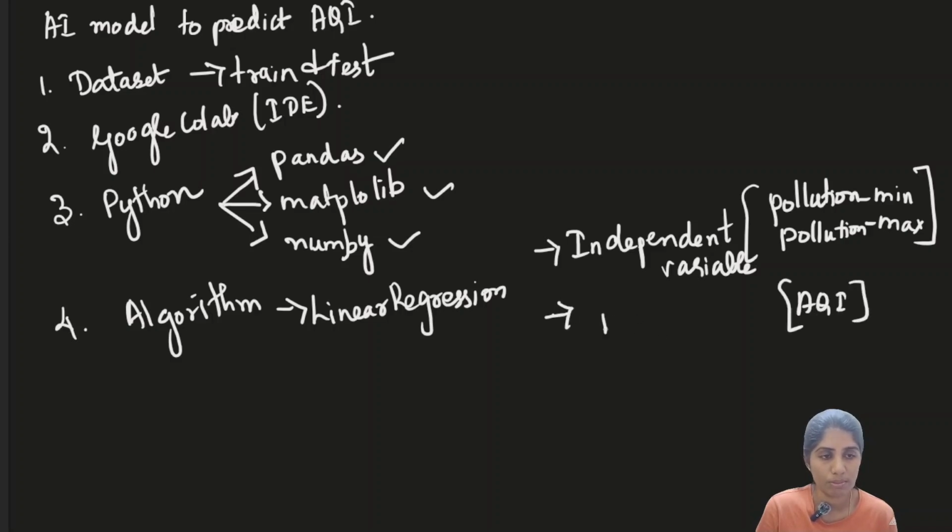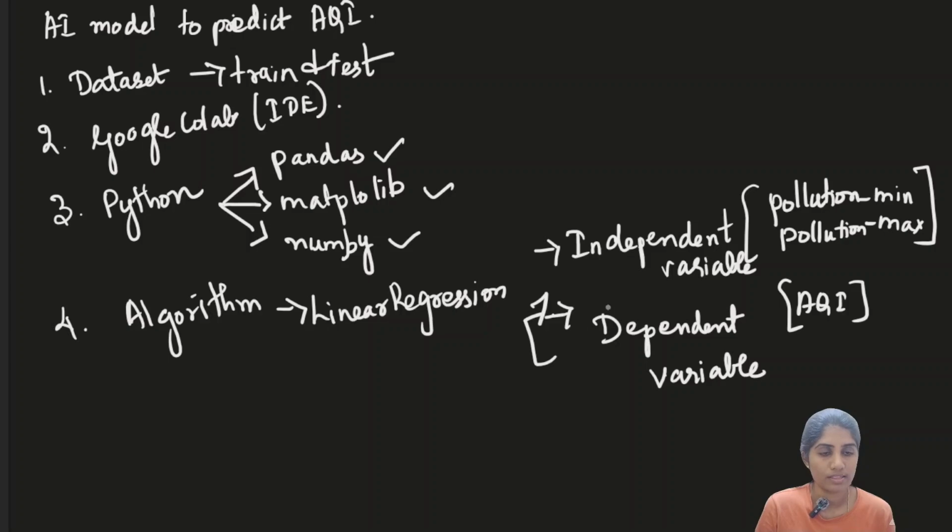The AQI will be depending on my pollution, right? If you take these two variables, they are both linearly proportional. What I mean is, when pollution increases, my AQI also increases. This is how I relate my input and output.